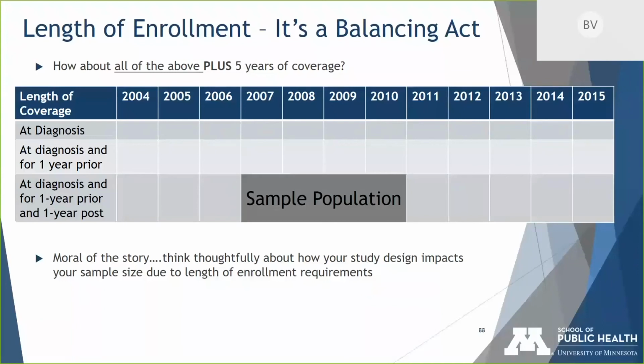So the moral of the story is that you really have to be thoughtful about your study design, the impacts on your sample size due to length of enrollment requirements, and think about whether that's really what you want in your study.